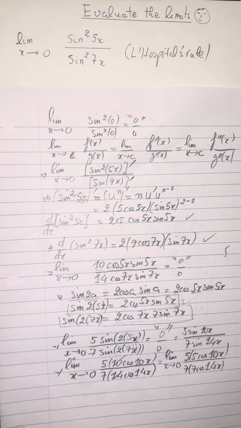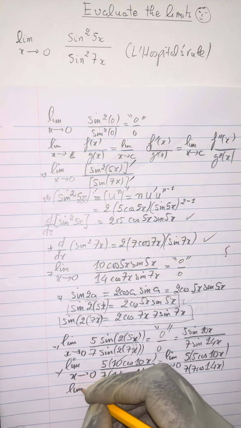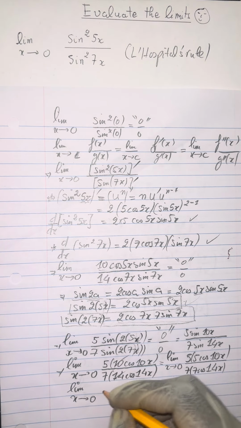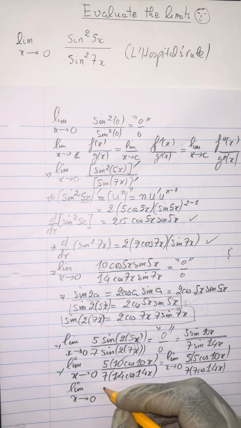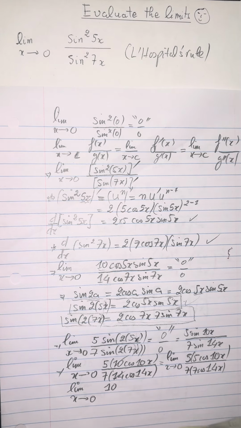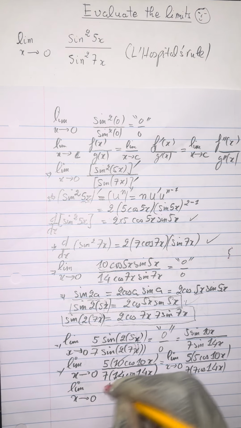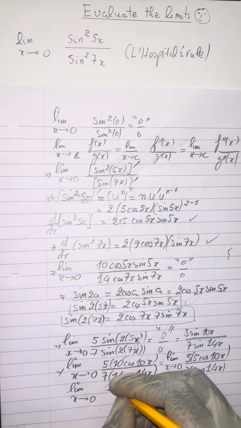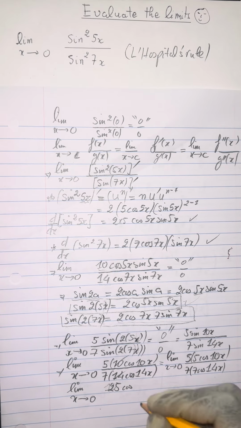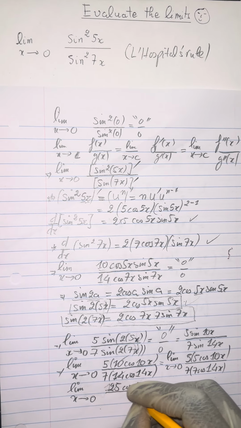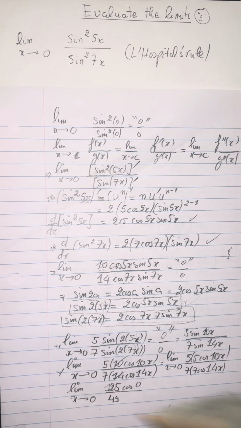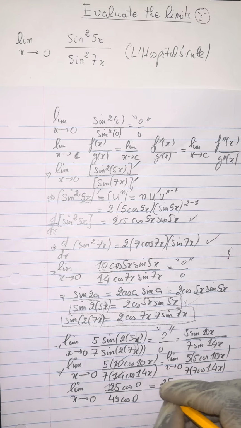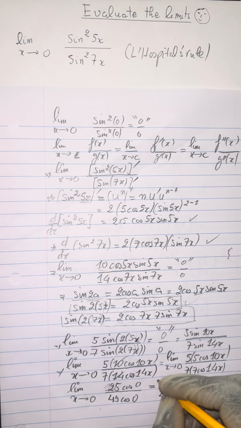And when we apply the direct limit, which is x equals 0, that is going to be equal to 5 times 5, which is simply 25 cos of 0 over 49 cos of 0. That's simply equal to 25 over 49.